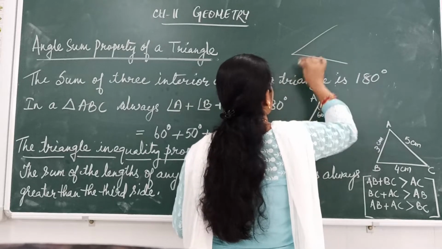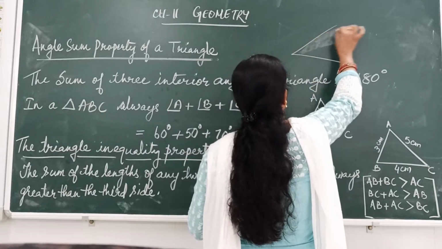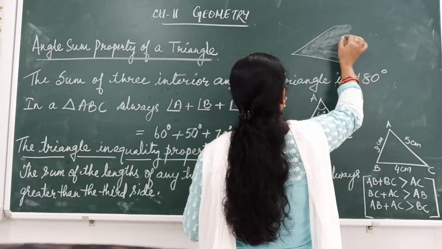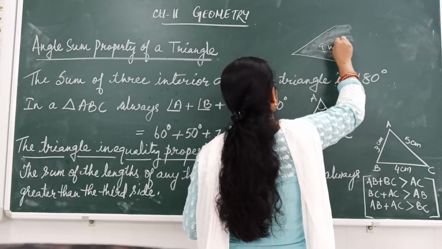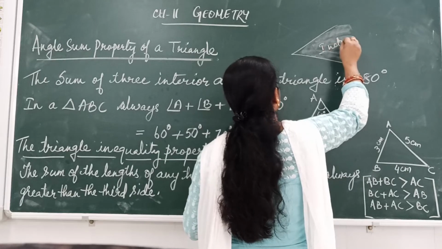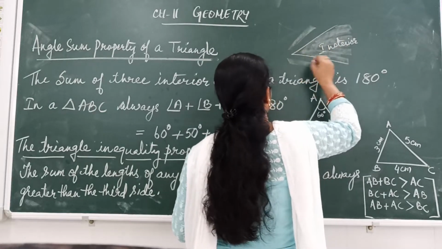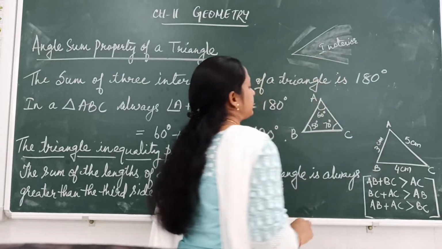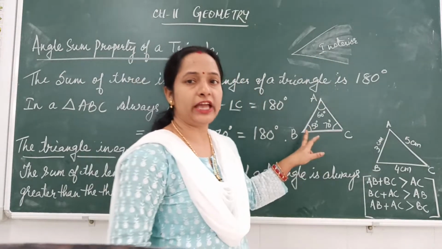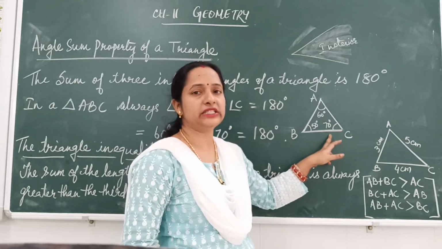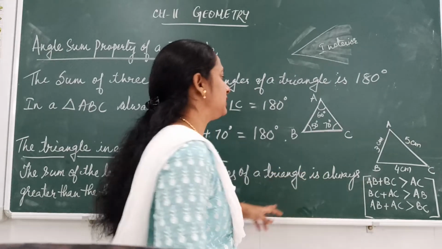Like if this is an angle, whatever points you find inside this angle will be called the interior, isn't it? Whereas the outside of this angle will be called the exterior. Similarly, whatever angles are formed inside the triangle will be called interior.